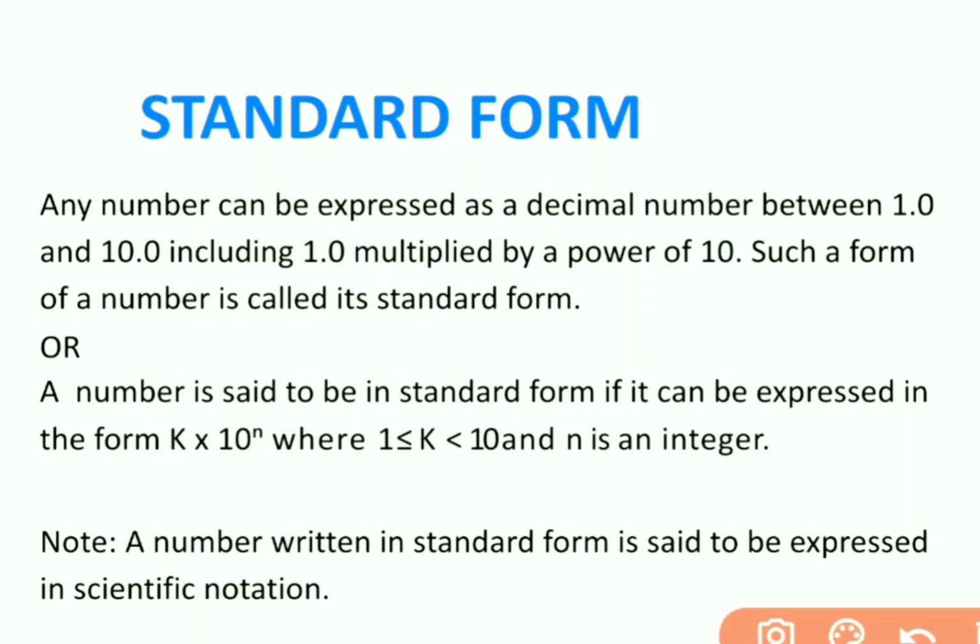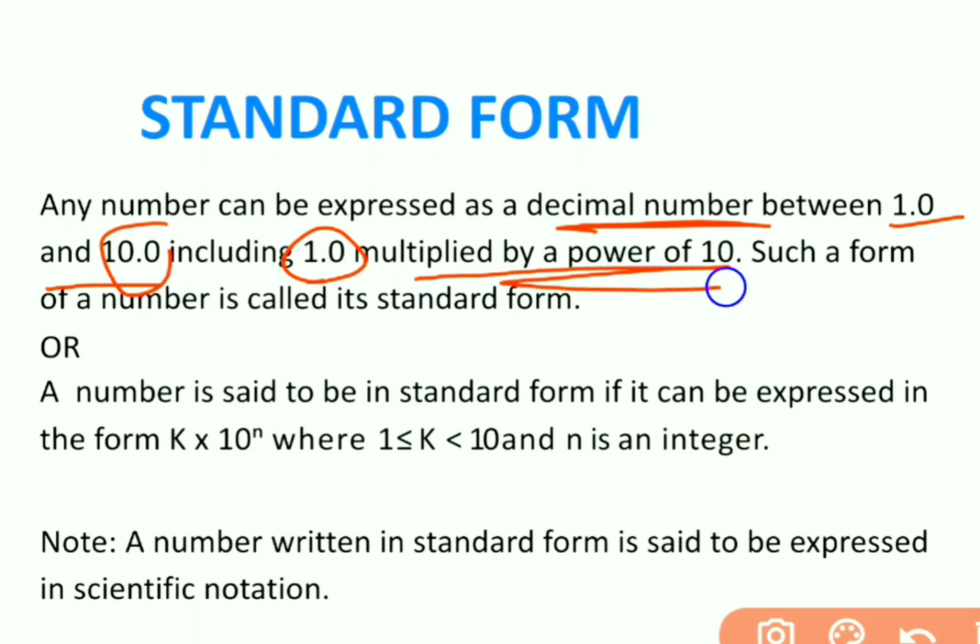Any number can be expressed as a decimal number between 1.0 and 10.0, including 1.0 but excluding 10.0, and multiplied by some power of 10. And such form of a number is called its standard form.